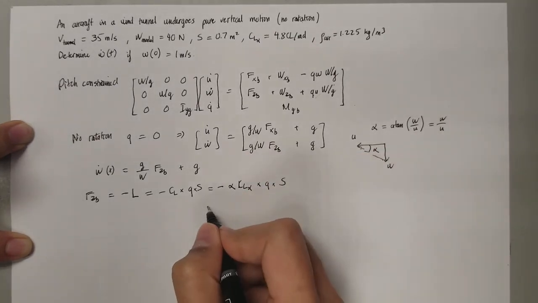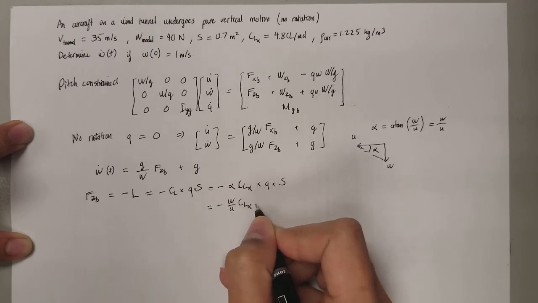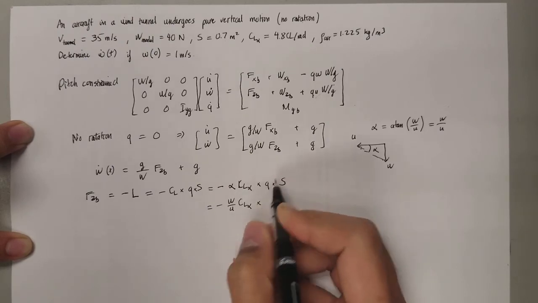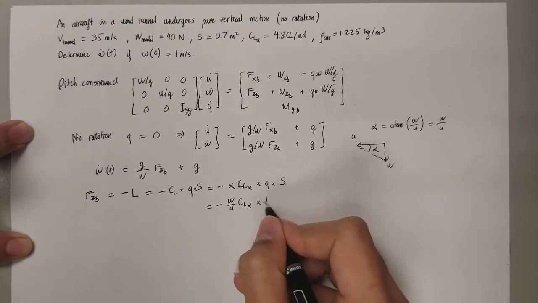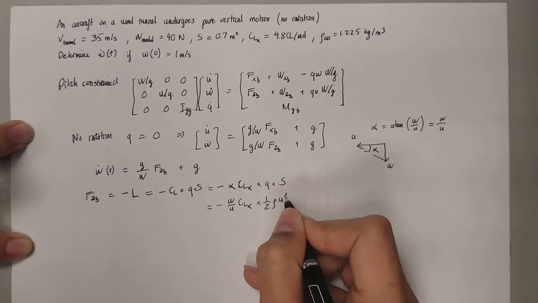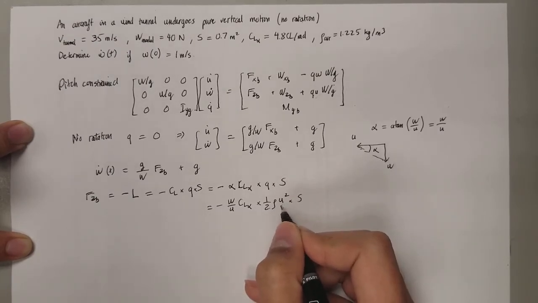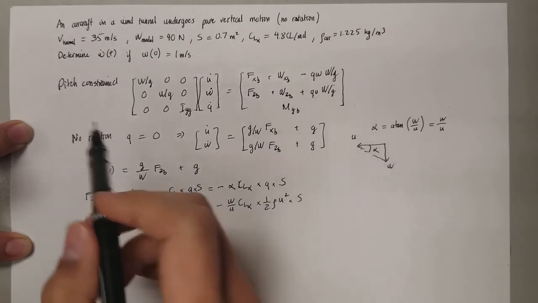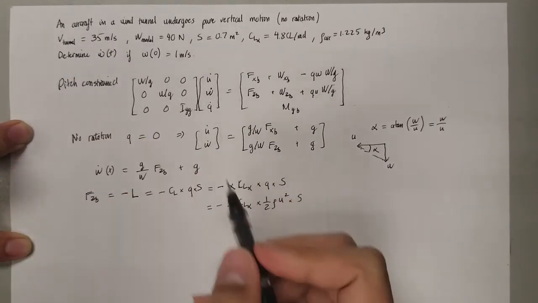So I can rewrite this equation as negative of W over U times CL alpha times the dynamic pressure, which is half rho U squared times S. U is the velocity inside the tunnel, the air velocity inside the wind tunnel, which is given right here.